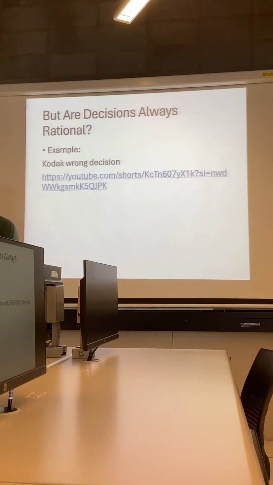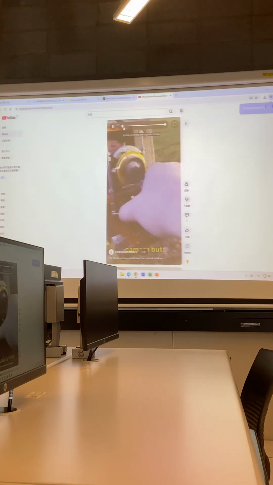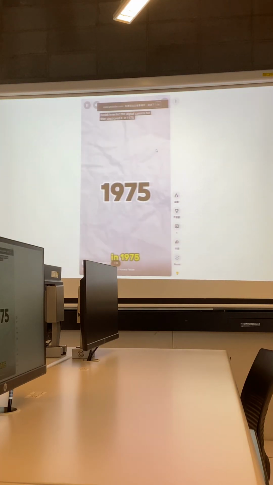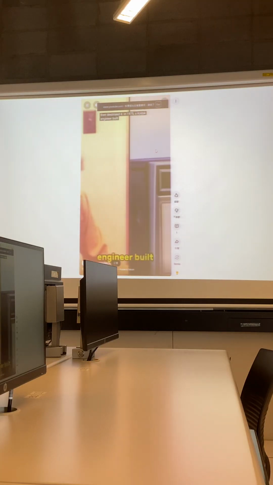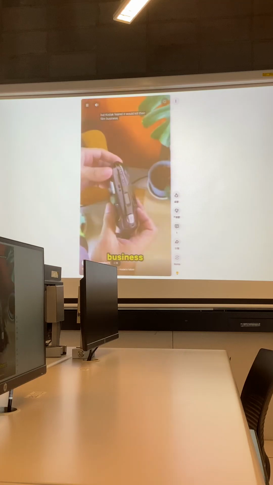Kodak. You know Kodak? Kodak is for photography, in the 90s. When you took a photo, you had to use a film roll, and then develop it in water and in red dim light. But Kodak made a wrong decision. In 1975, a Kodak engineer built the first digital camera, but Kodak feared it would kill their film business, so they ignored it.